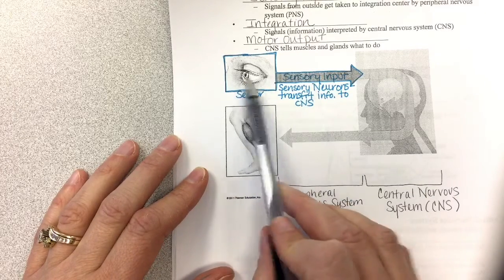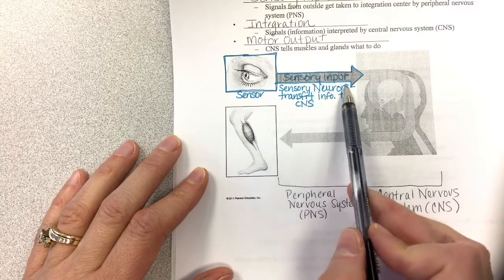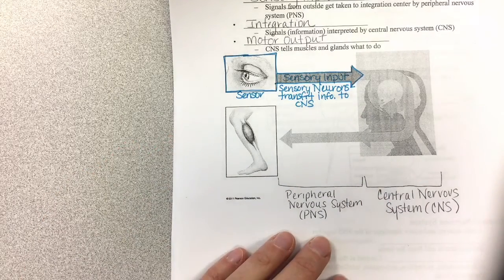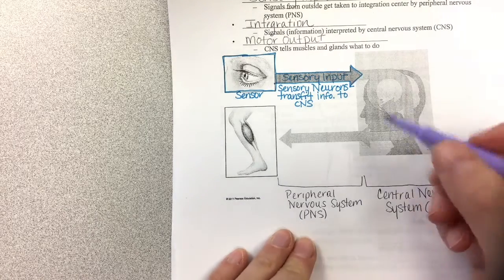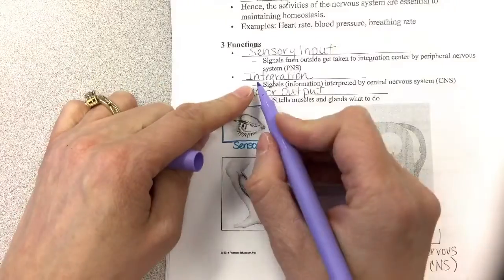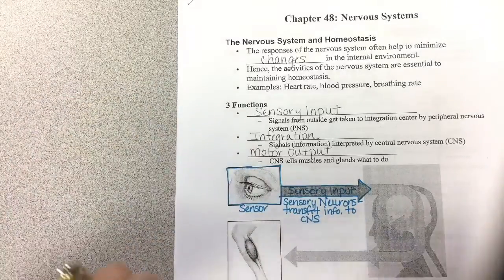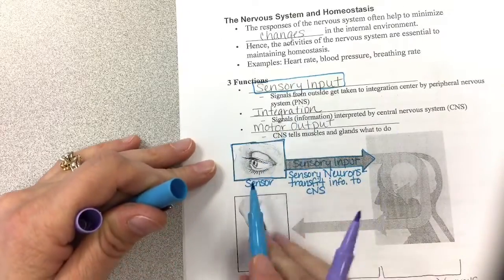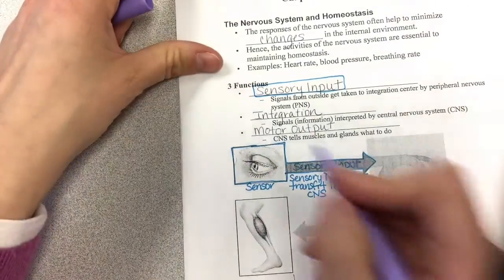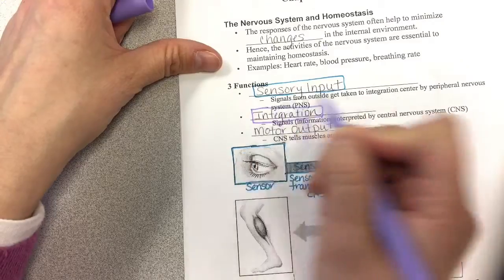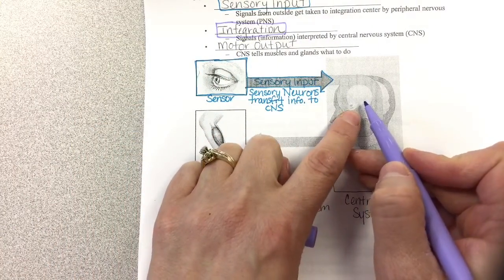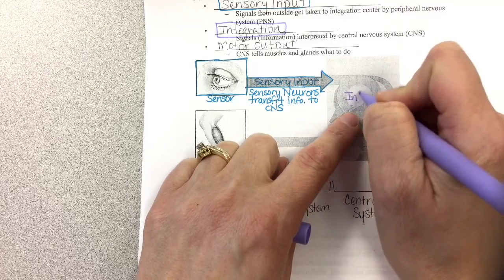All right, so your sensory neurons are part of that peripheral nervous system. Then let's pick a different color here. Inside your brain and spinal cord is that second part, integration. I'm going to put sensory input here in blue, and integration we'll do in purple. The sensory neurons take that information to your brain and spinal cord where integration occurs.